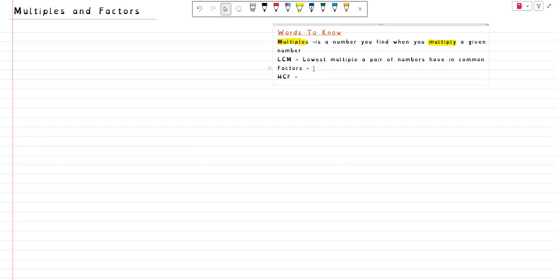Alright, so what are factors? We are doing factors now. Factors are a number that divides exactly into another number with no remainder.